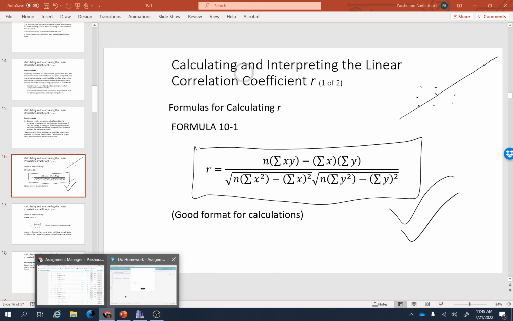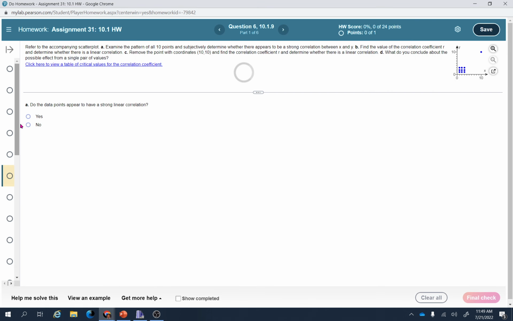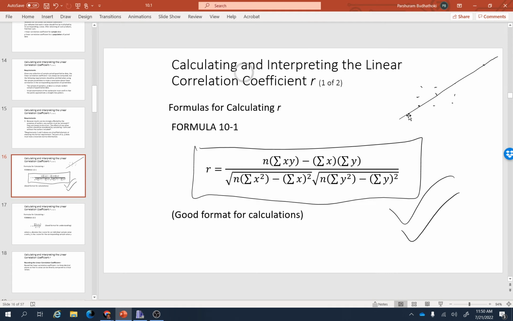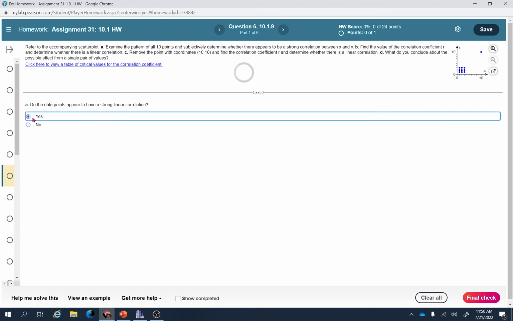So we can roughly conclude that this data appears to have a strong linear correlation. The answer is yes, because the points don't have to be exactly on the same line, but most of the data are around the line. So I can make this conclusion, yes.